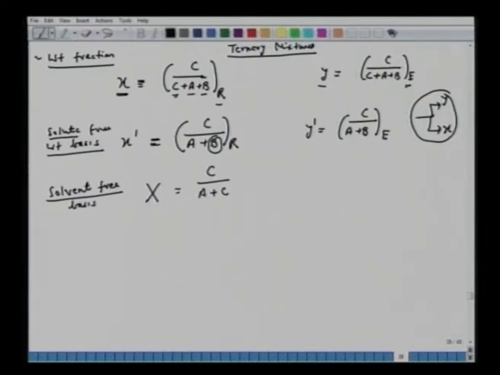Capital X is C over A plus C, and corresponding to this we have capital Y as C over A plus C, for extract and raffinate. So these are the three very common ways of representing the weight fractions: one is simple X, another is solute free basis, and the third is solvent free basis.